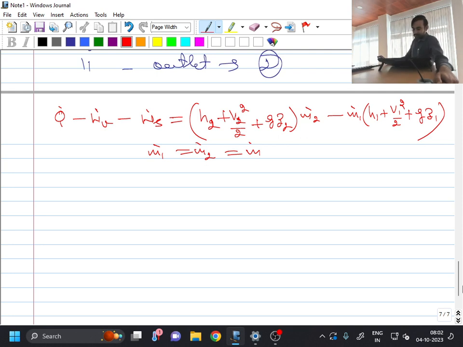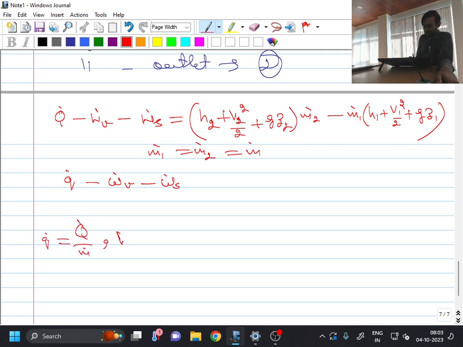Now we will divide this entire equation by m dot. If I do so, I get small q minus small w v minus small w s, where small q is capital Q dot by m dot, small w v is capital W dot v by m dot, and similarly small w s is capital W dot s by m dot.